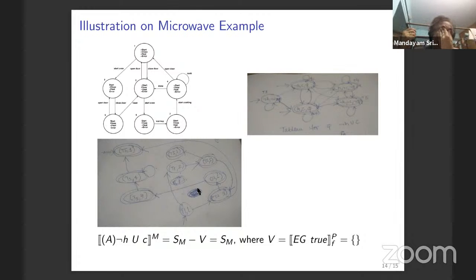Now, if you're representing these things symbolically, then it is still the recurrence diameter. Then it is CTL model checking. In CTL model checking, each fixed point iteration can, in the worst case, be the number of states.